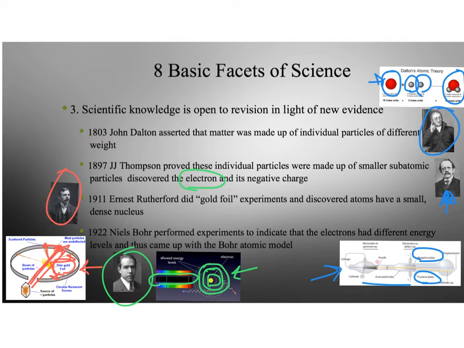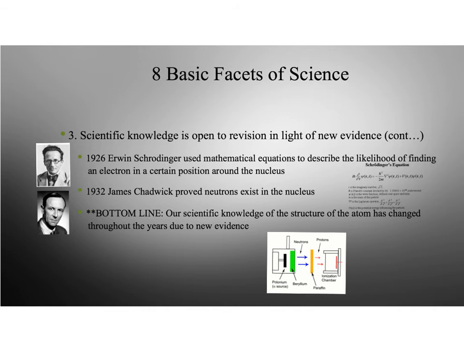Okay, so back in the 1800s, we started off with the idea that atoms were just particle blobs. And, after 100 or so years, we find out that no, there's actually an intricate array of different subatomic particles and how they behave. So we've gotten this revision of our atomic theory in light of new evidence.